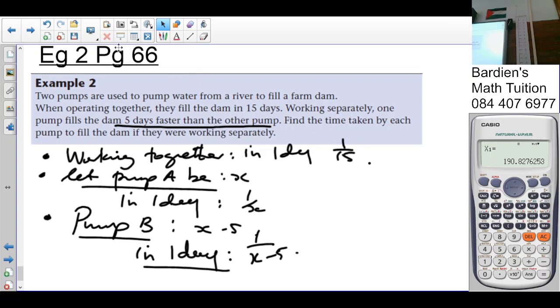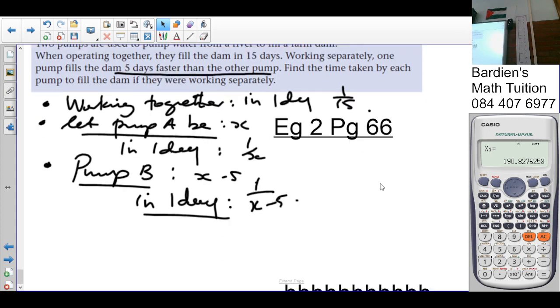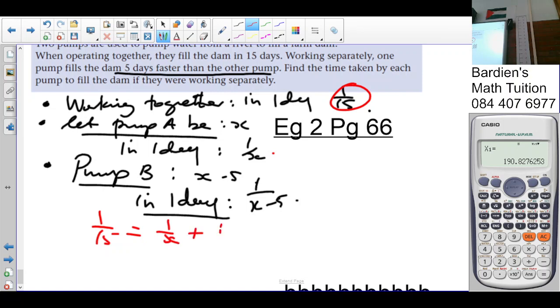Find the time taken by each pump to fill the dam if they were working separately. In other words, we must work out X and X minus 5. Remember, when working together, it's 1 over 15. So 1 over 15 equals pump A, which is 1 over X, plus pump B, which is 1 over X minus 5.